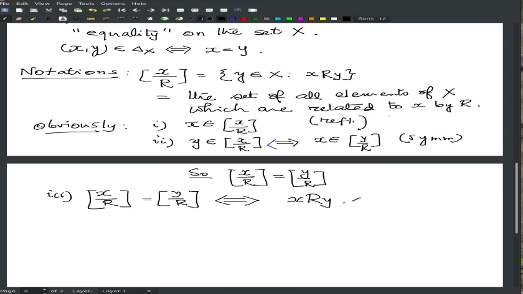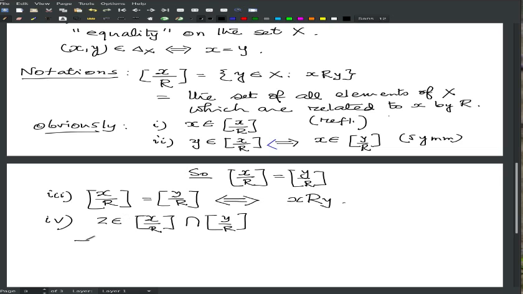Okay, now let's see another thing. Suppose I take two equivalence classes and let us see what I have here. Suppose I have a z here.